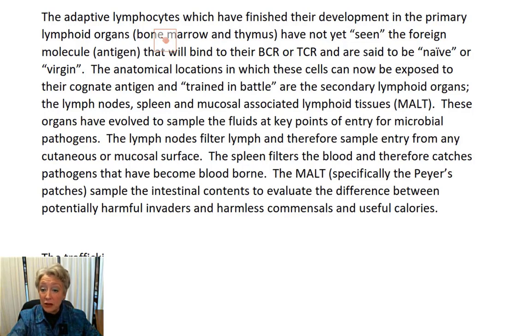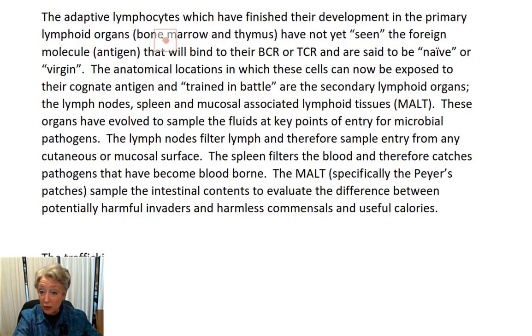And in these locations, these secondary lymphoid organs, they're also designed anatomically so that there can be a maximum amount of crosstalk between the cells and the foreign substance and other collaborative cells which might be necessary to perform a fully fledged immune response.